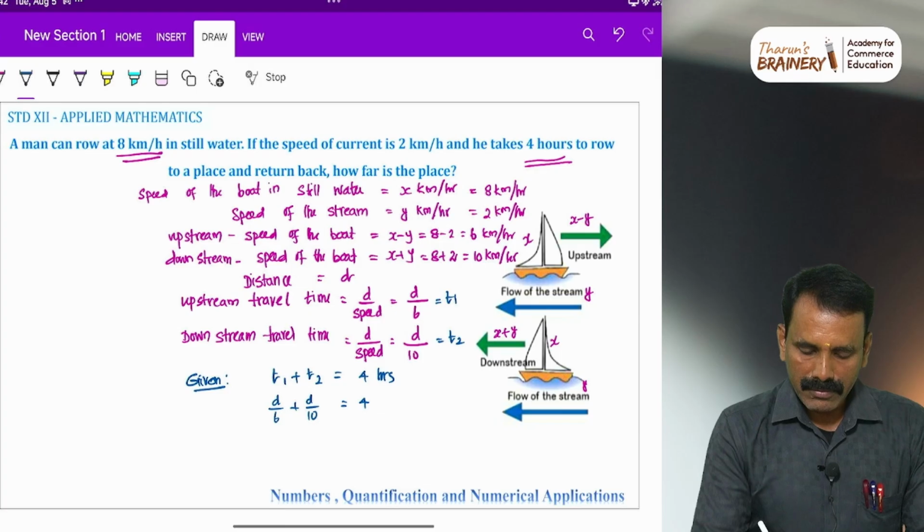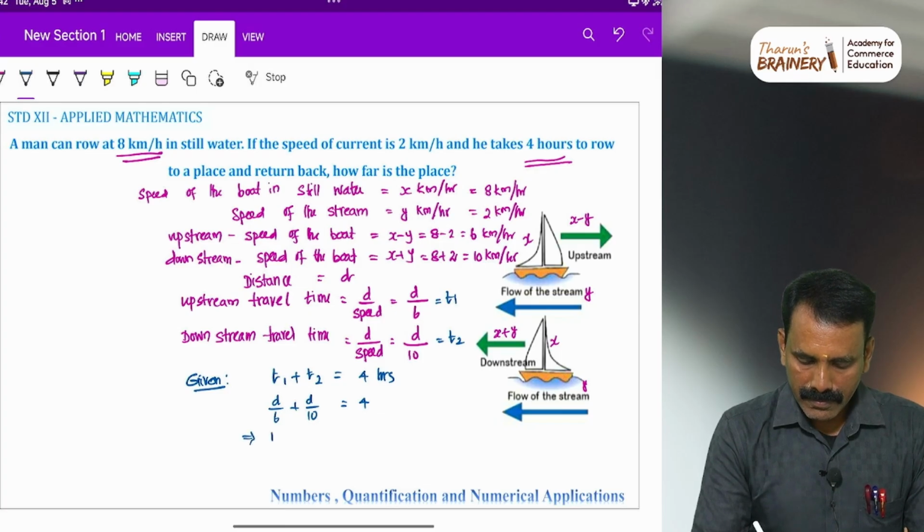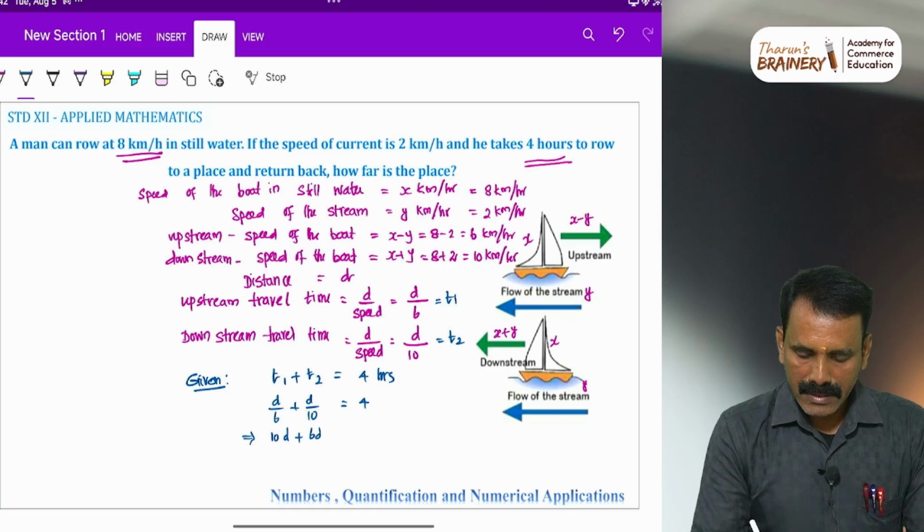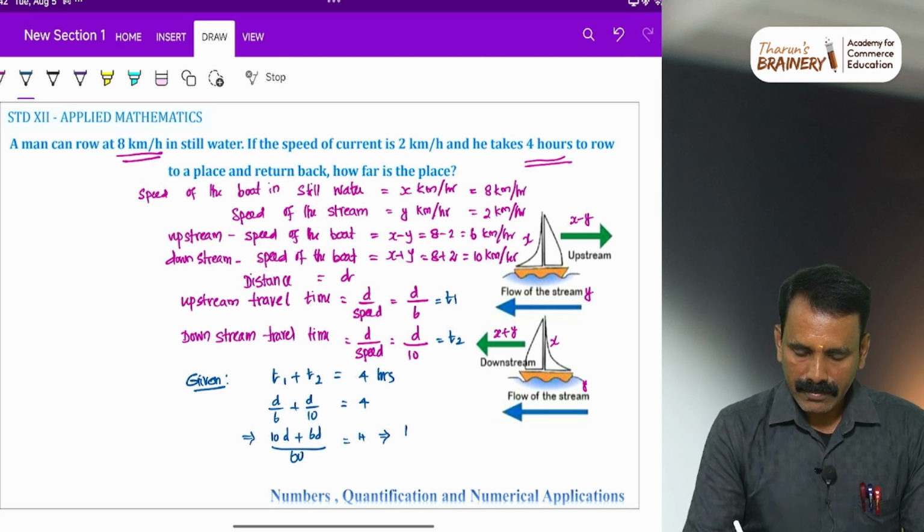We take LCM now. 10d plus 6d divided by 60 is equal to 4, which implies 16d is equal to 4 into 60. So d is equal to 4 into 60 divided by 16.